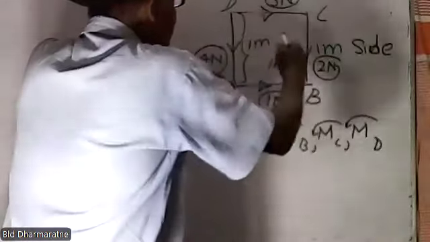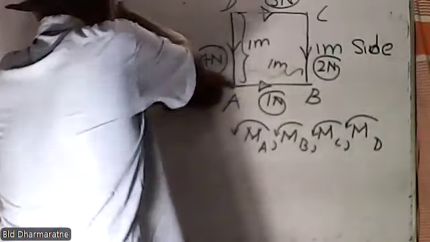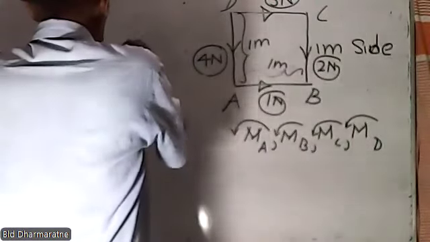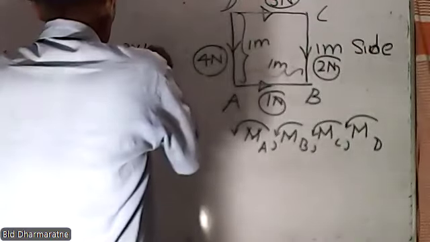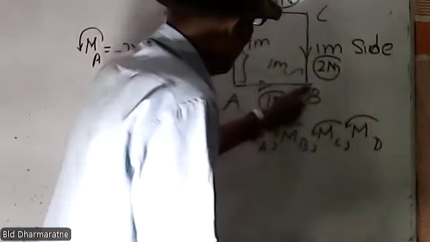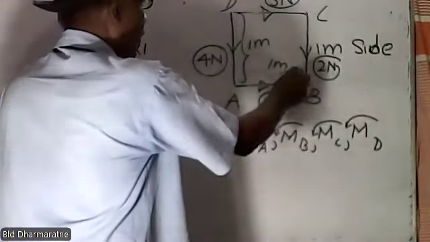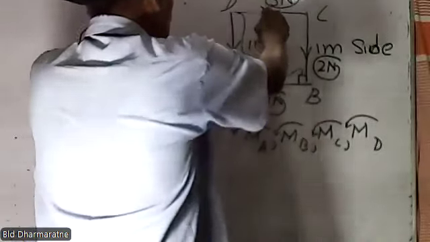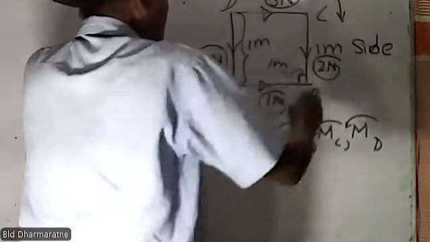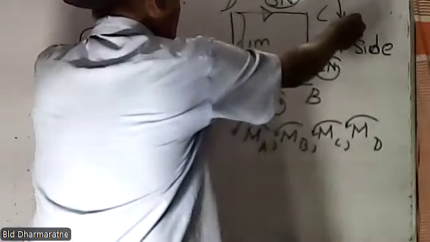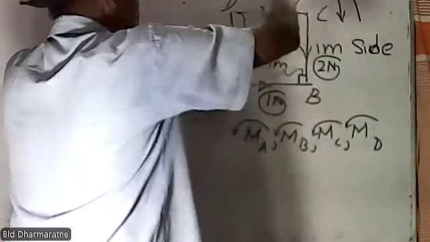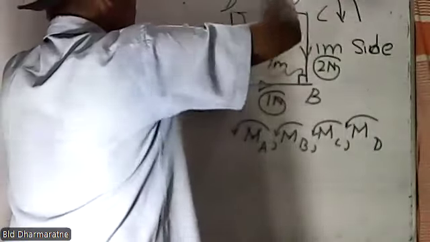Actually, that is clockwise, and we are taking anti-clockwise, therefore that is minus 2 into 1: force 2 times perpendicular distance 1. This one is also minus, because it creates a clockwise direction and we are considering anti-clockwise.